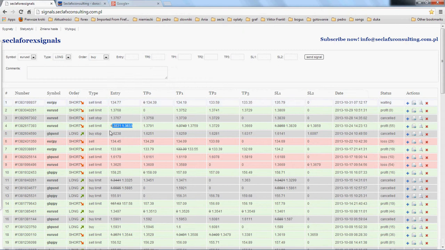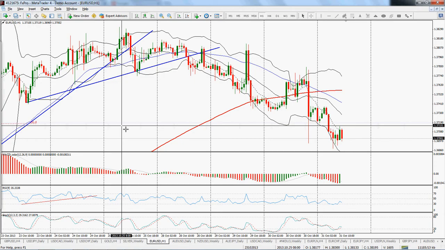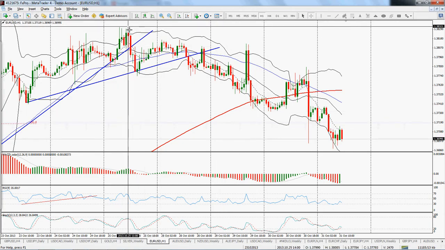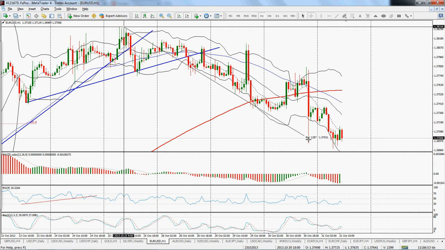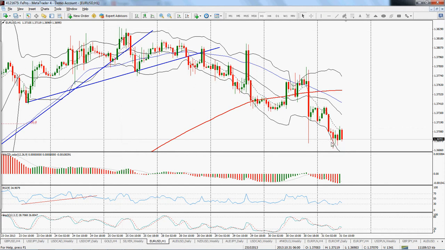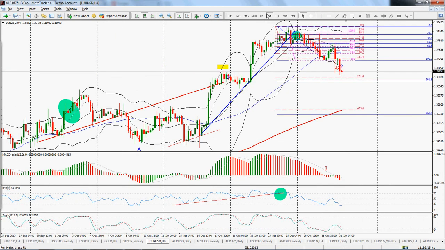There was 138.31, so this is exactly that point here, 31, and if I had kept this position as long as here, I could have made 130 pips, so it's more than 1 to 10 probably, okay, so it's like 1 to 13 or 1 to 15, and the market most probably is still willing to go to the downside.